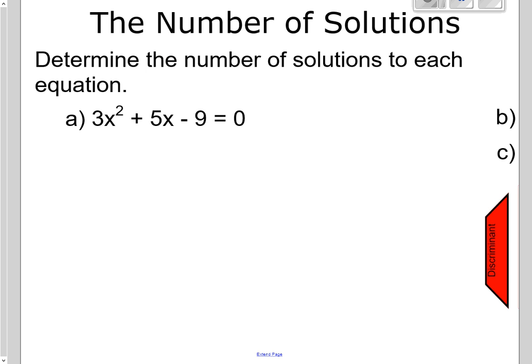All right, almost to the end. So let's talk about the number of solutions. When we talk about the number of solutions, really we want to know how many x-intercepts.